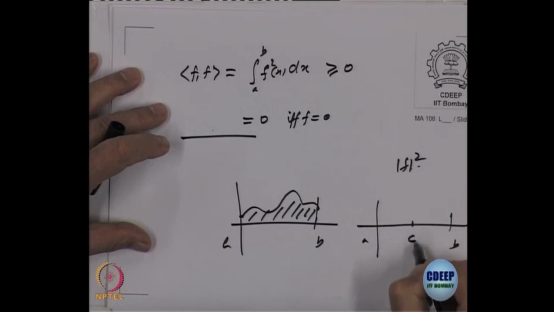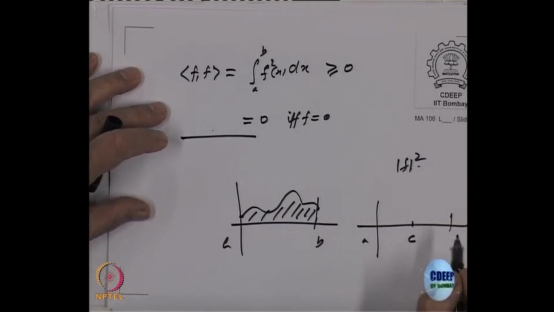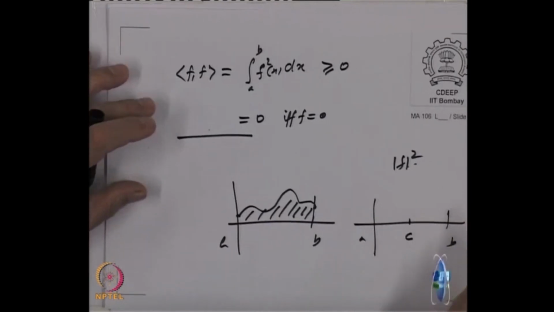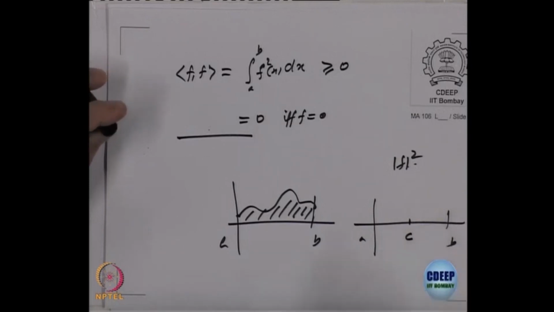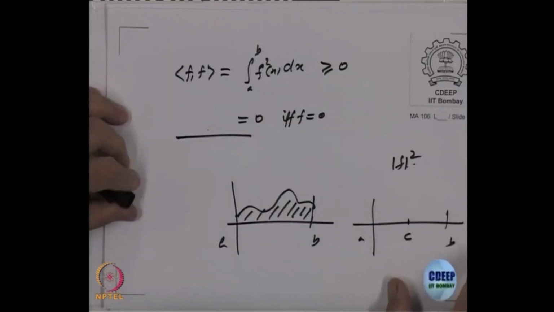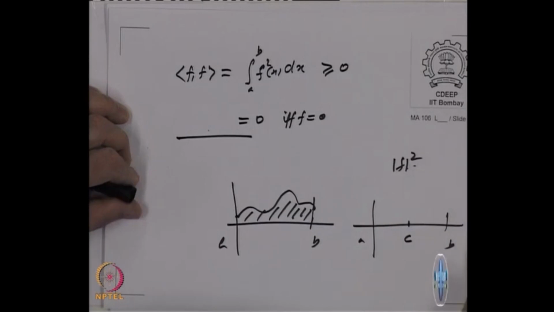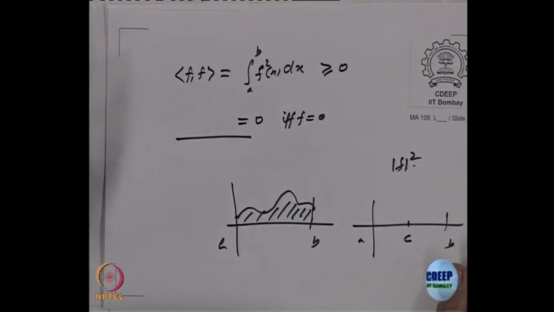Suppose at some point c the function is not 0, it is a continuous function, then what should happen? So go back and look at your calculus. For a non negative function, if the integral is 0 and the function is continuous, that is important.